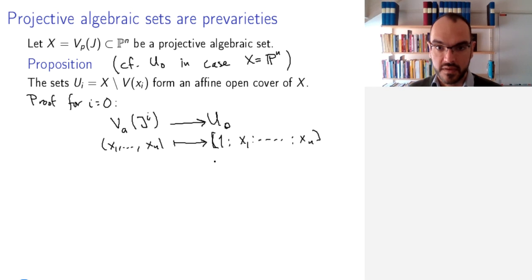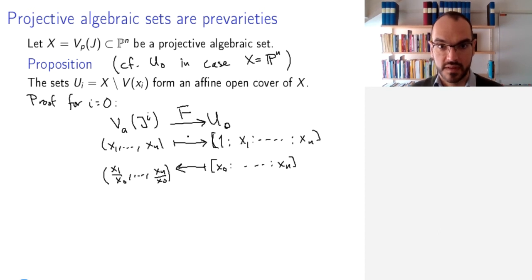And in the other direction, you can take a point (x0, ..., xn) and map it back to (x1/x0, ..., xn/x0). Let me call this map f. And so this is what f does, and this is f inverse. And it is clear that these two maps are inverse to each other.